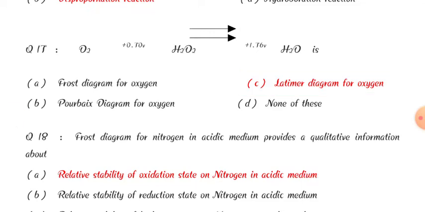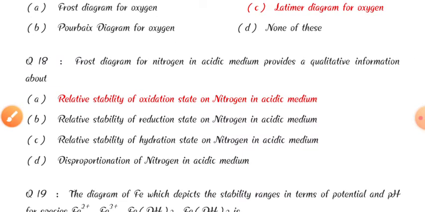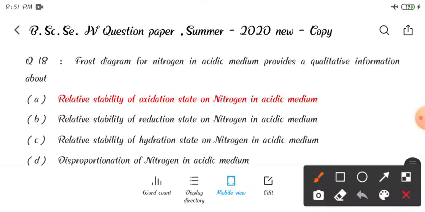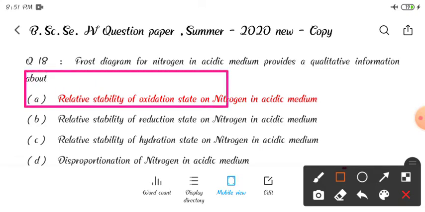Okay, now next question. The Latimer diagram for nitrogen in acidic medium provides qualitative information about option number A, that is the relative stability of the oxidation states. Okay, oxidation states of nitrogen in acidic medium. So option number A is the correct answer.